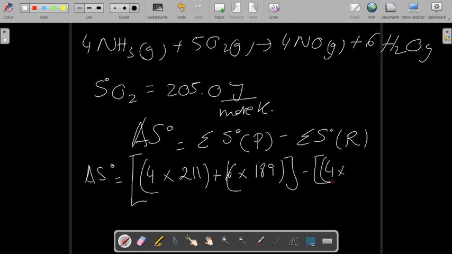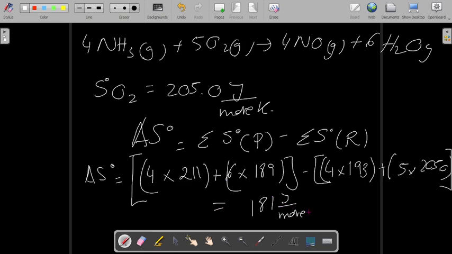I find ammonia on the table, 193, and I add that to 5 of the oxygen, which were given to me, 205.0. I put everything in the calculator, and I come up with 181 joules per mole Kelvin. And this is my answer. This is a positive entropy, which is great.